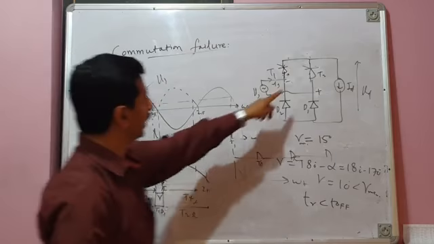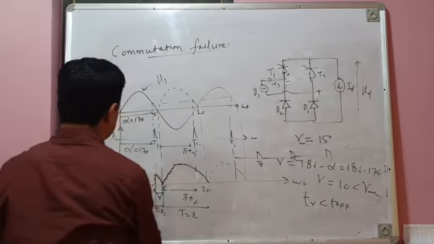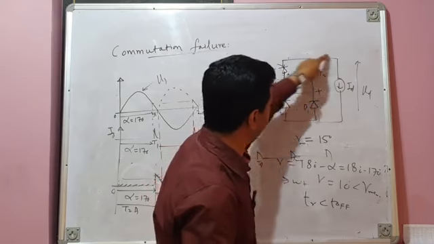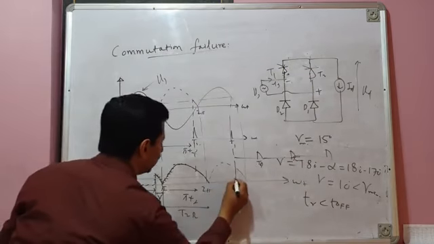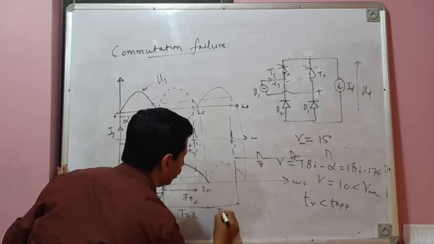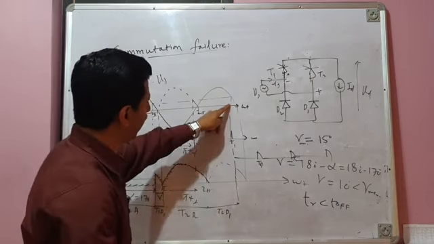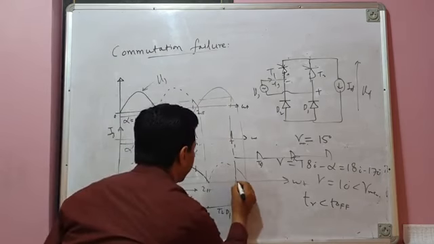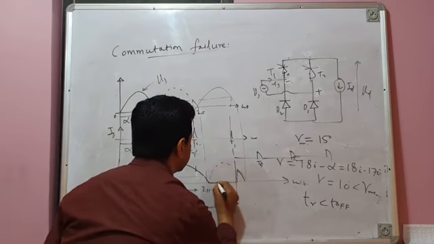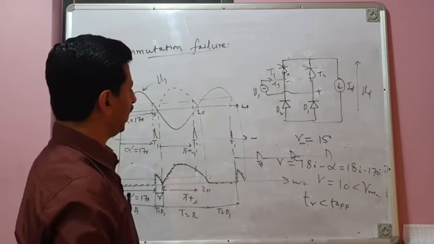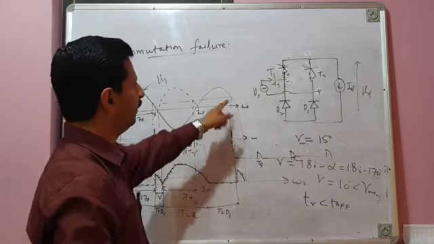T2 D2 कंडक्ट कर रहे हैं, करंट तो कंटिन्यूसली फ्लो कर रही. उसके बाद फ्री व्हीलिंग हो जाएगी थ्रू T2 D1. सो थ्रू अप टू दिस पॉइंट T2 D1 के थ्रू फ्री व्हीलिंग हो जाएगी. उसके बाद इस इंस्टेंट पे आप T1 को फायर कर रहे हो और T1 फायर हो जाएगा. And this is the voltage across the load.